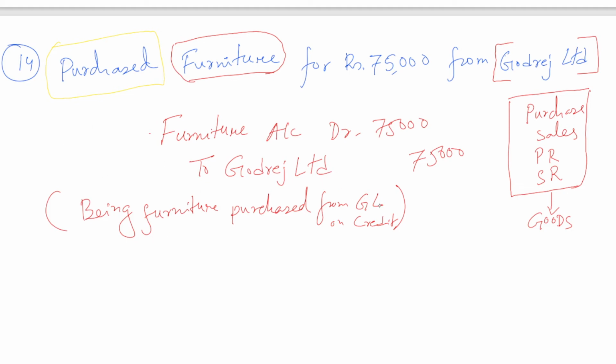But if the business deals in furniture, say for example a furniture shop or any other furniture company, then this particular furniture, chairs, tables, or 10 beds or 100 chairs, will not be considered as an asset. That will be considered as goods if the business deals in furniture.